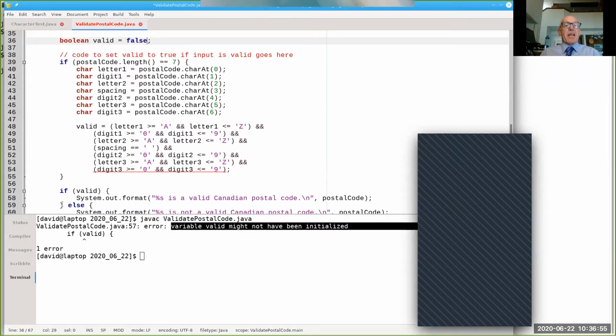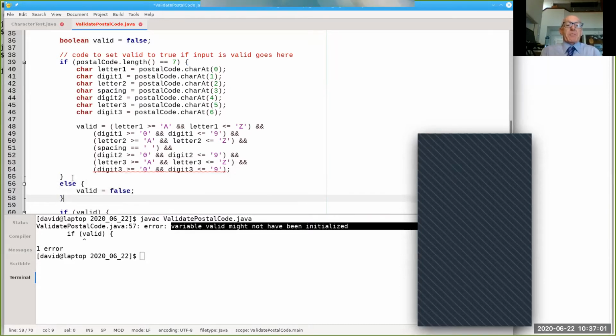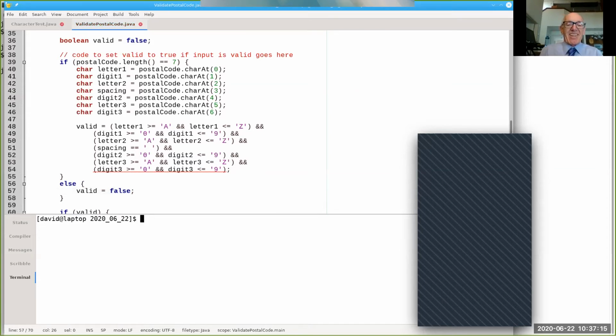Because I've done this, I don't need to say something like this. Otherwise, valid. It wouldn't hurt to do this, but it doesn't help me either. Sometimes I put in the else because I like to have an else for every if. This one, actually, I'm okay with putting in that extra else.